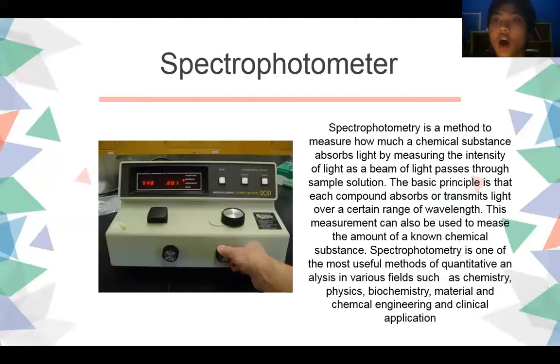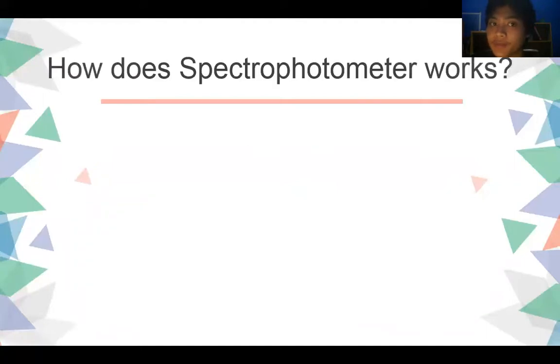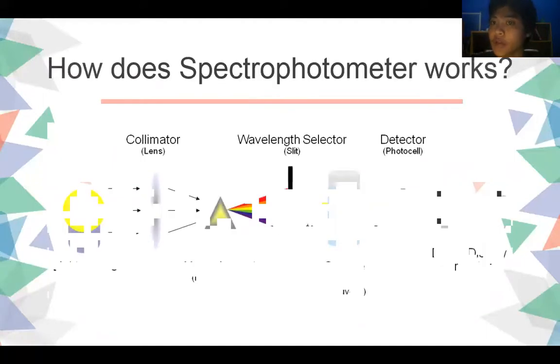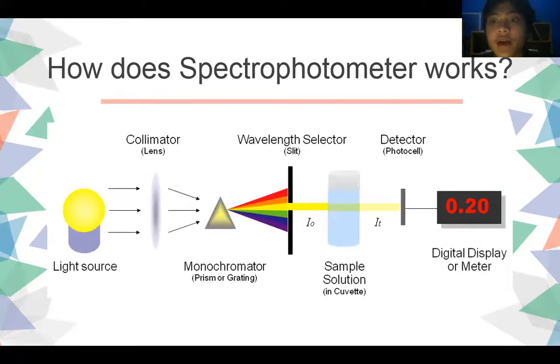The next, how to use spectrophotometer. How does a spectrophotometer work? It works like this: light source into the collimator lens, then a monochromator prism or grating, wavelength selector slit, sample solution in cuvettes, detector, photocell, and digital display or meter.